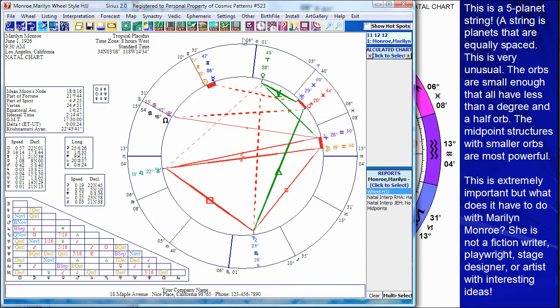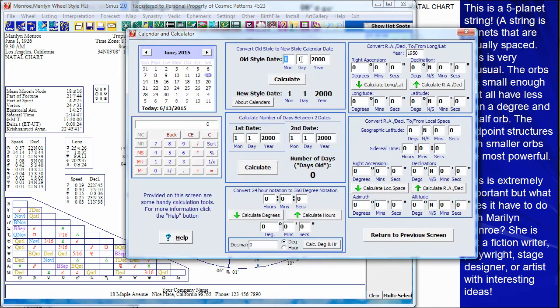I'll go to calculator. And let's do 1. I'm going to type 1 divided by 19, and I'll multiply it times 360, and it's telling me that 1 19th of a circle is almost 19 degrees.